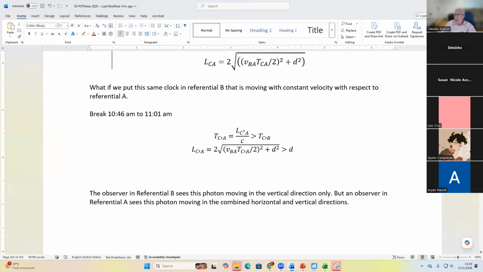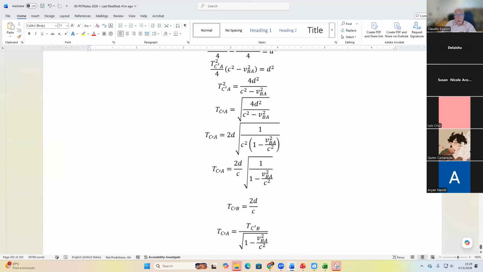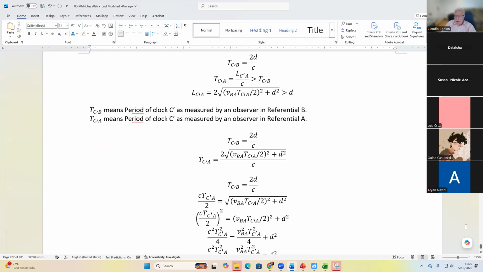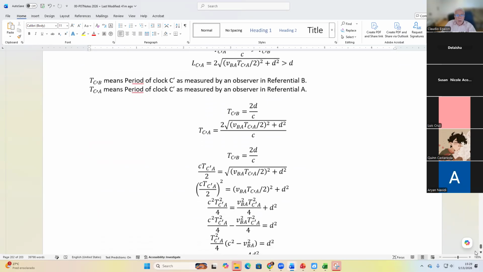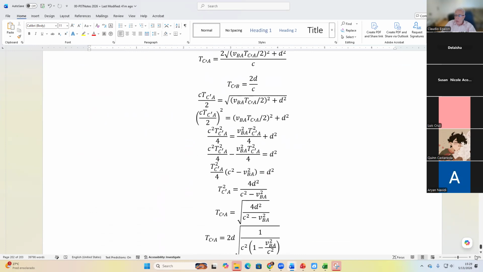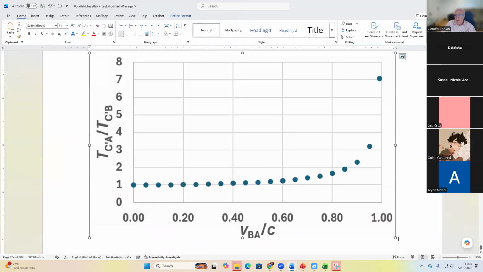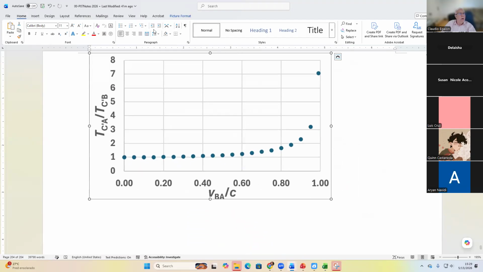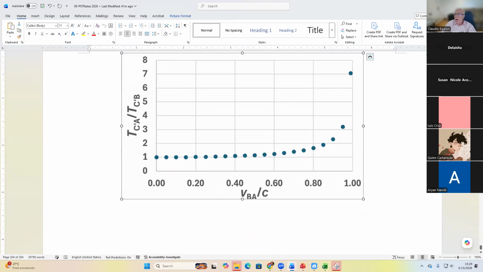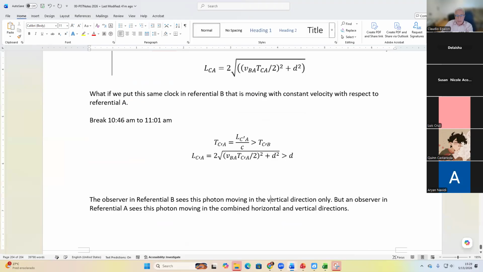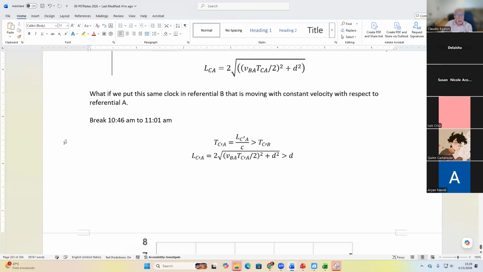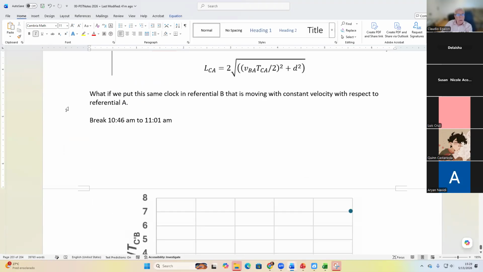What did I do here? I want to keep this graph right in here. I can delete that, I don't need that anymore.